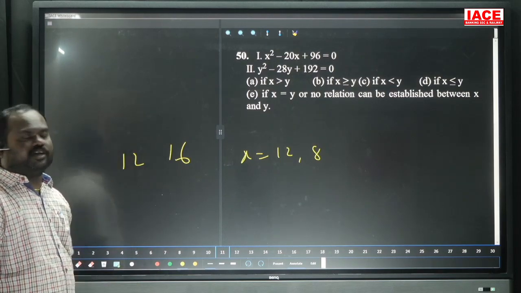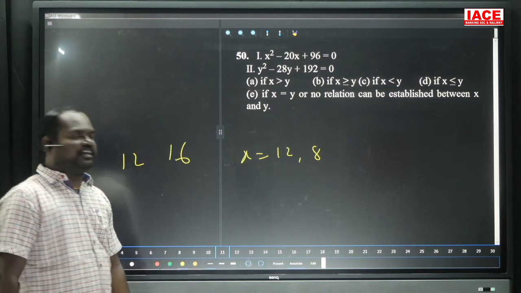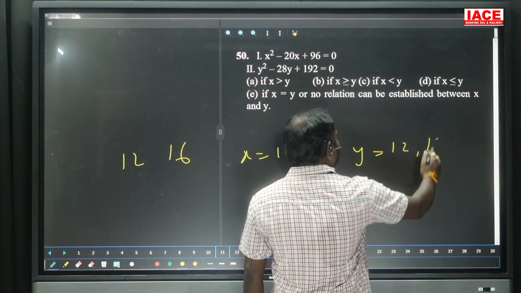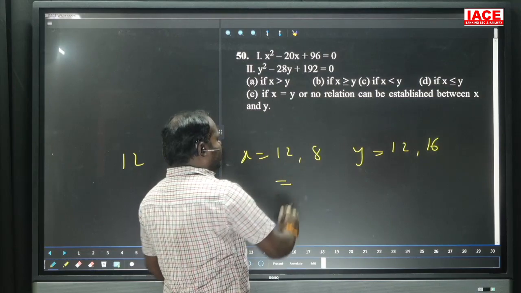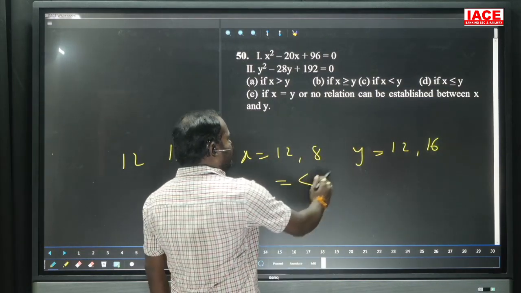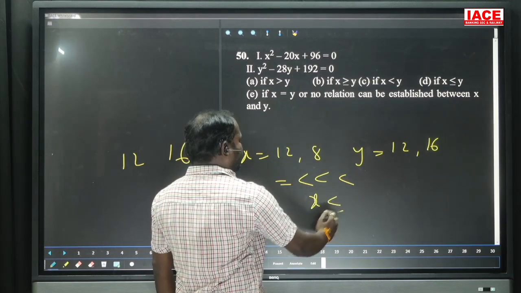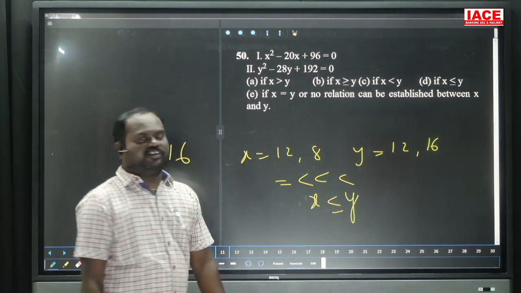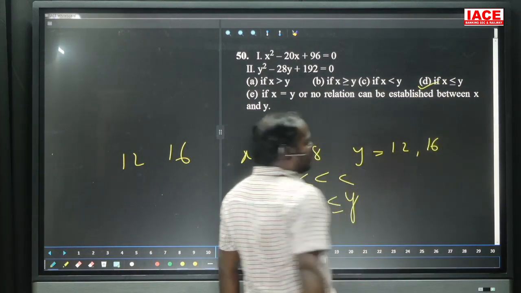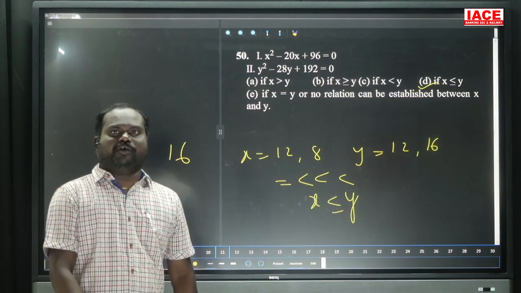To get minus 28, we take minus 12 and minus 16, so the y values are 12 and 16. When x is 12, it is equal to 12 and lesser than 16, and 8 is lesser anyway. So obviously x is less than or equal to y. That is option D.